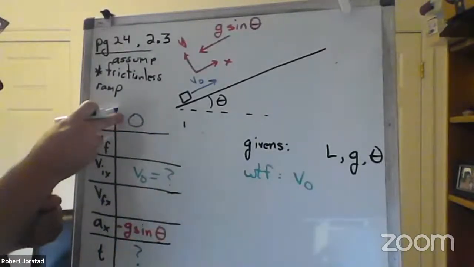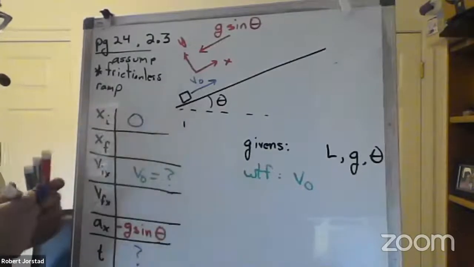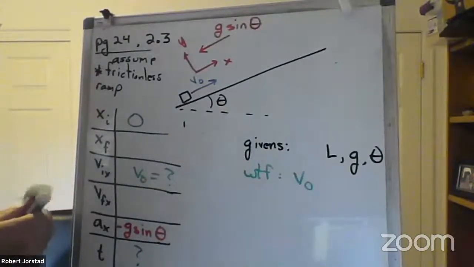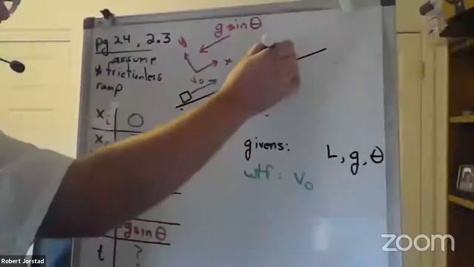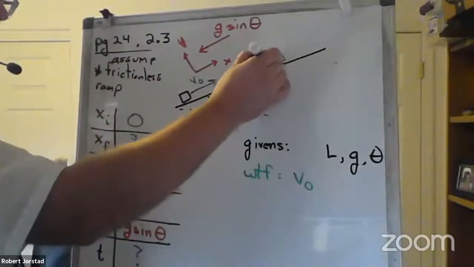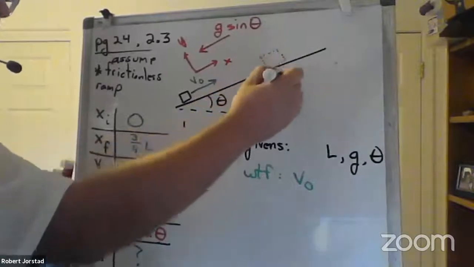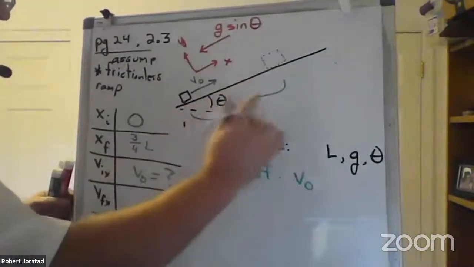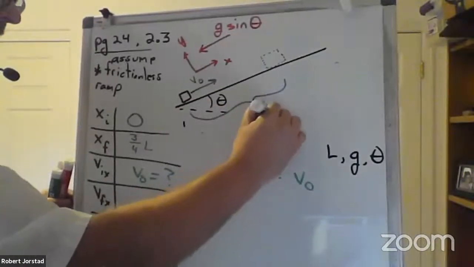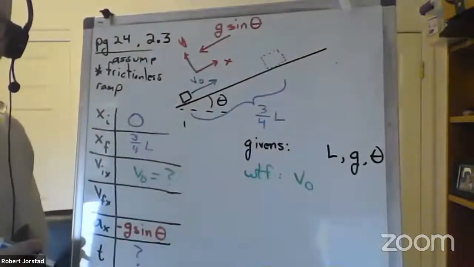If x initial is 0, what is x final? 3/4 of L. If you look carefully, it doesn't make it all the way up the ramp. It says the ramp is length L, but this thing only makes it up part of the way. So it makes sense to include that in our picture, and you could label that 3/4 L. That way we don't get confused.